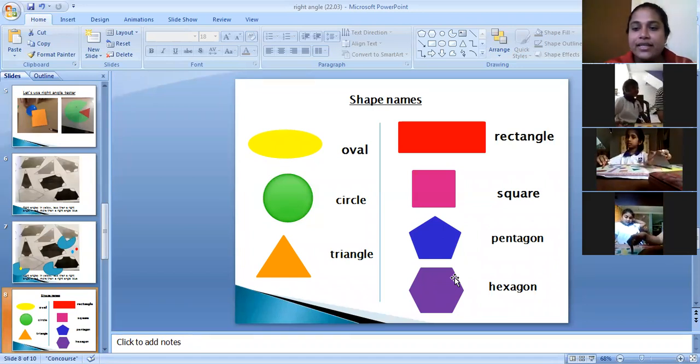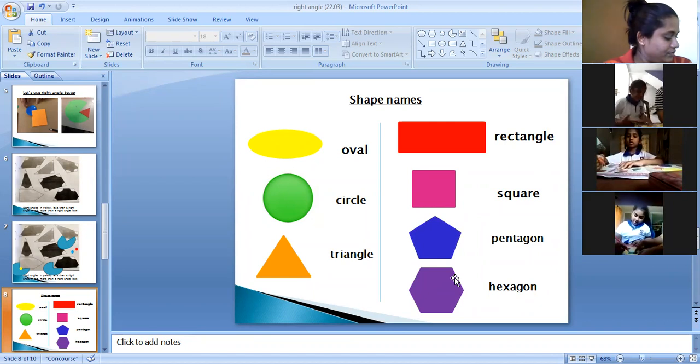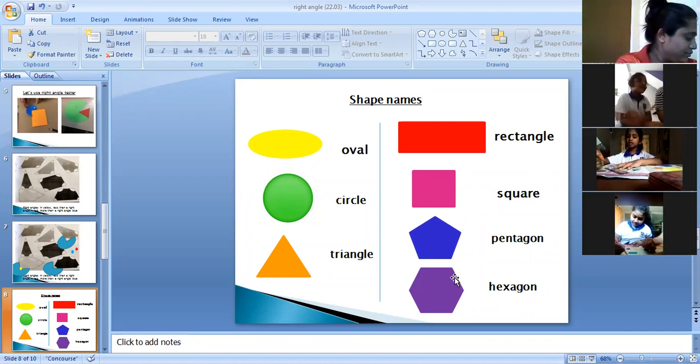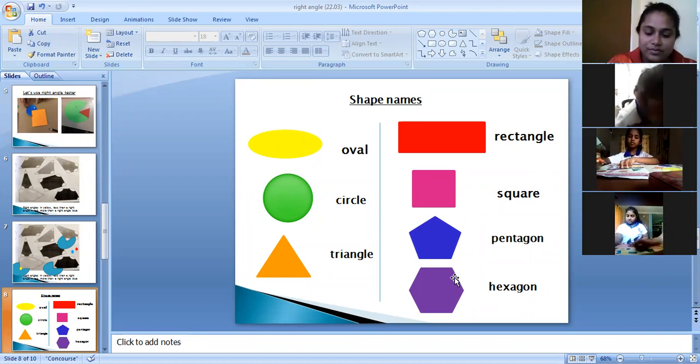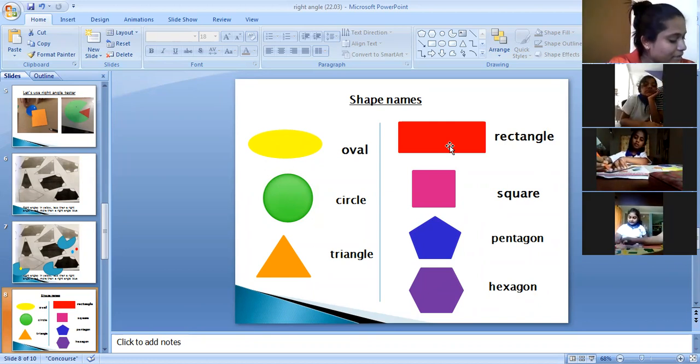Last one, triangle. Find this red color shape. How many triangles? This shape.